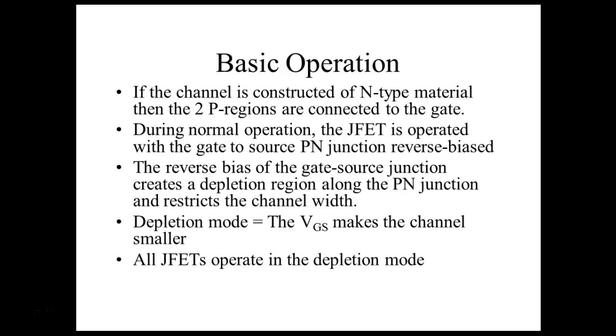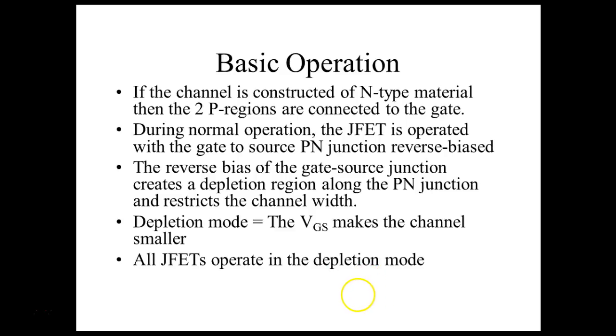The reverse bias on the gate to source junction creates a depletion region along the PN junction and restricts the channel width. We refer to this as depletion mode. So a JFET is a depletion mode FET. If your gate to source voltage makes the channel smaller, then it is what we refer to as a depletion mode FET.